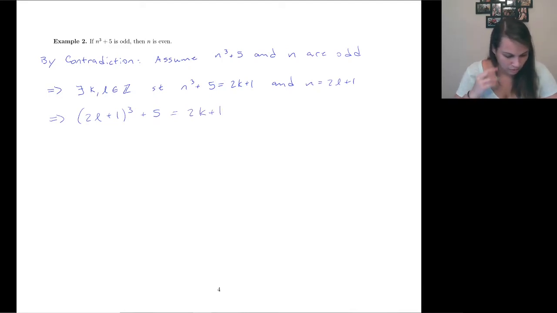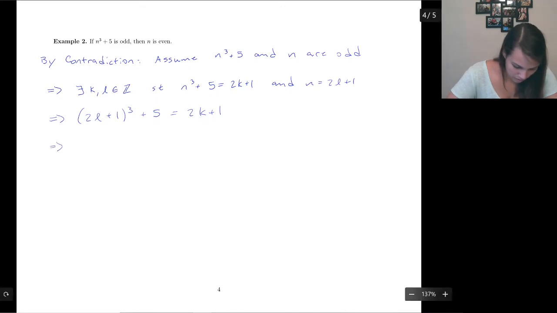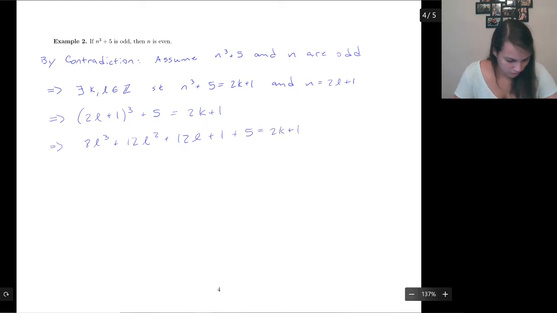And then we can multiply this out. We're going to do 8l cubed plus 12l squared plus 12l plus 1 plus 5 equals 2k plus 1. All right, let's keep rolling with this.